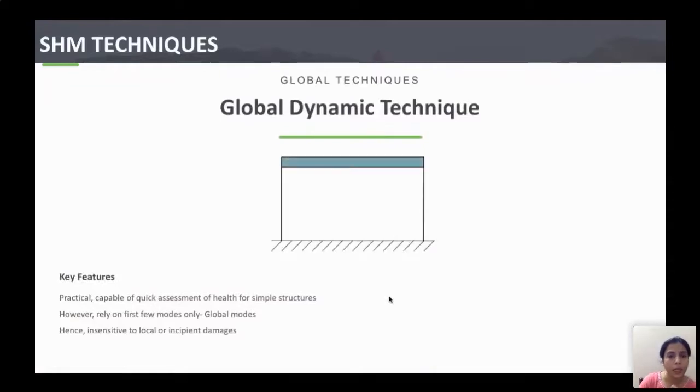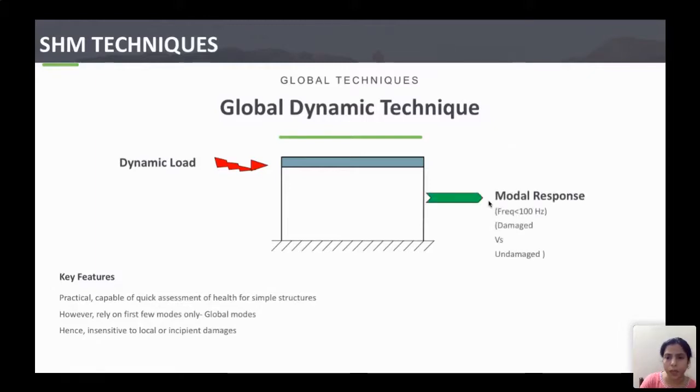In the global technique, there is a structure, and we apply dynamic loads in terms of impact or shakers, but the load should be dynamic since it's a global dynamic technique. When you apply load on the structure, you compare the modal responses. Now, what are modal responses? They are the natural frequency of the structure and the mode shape of the structure.